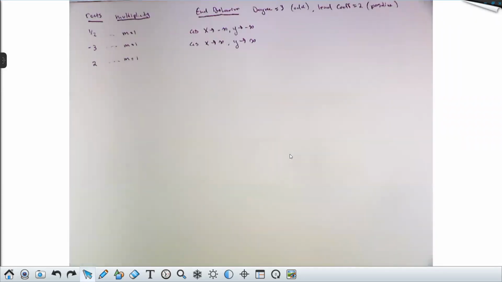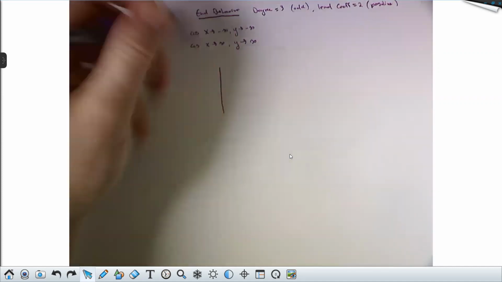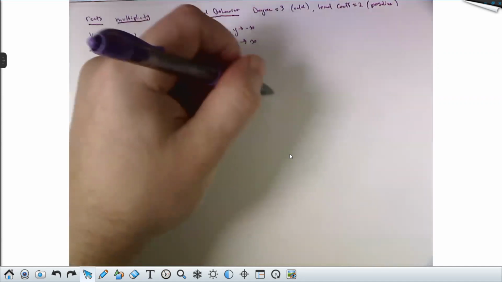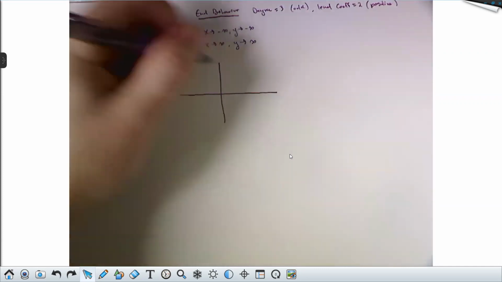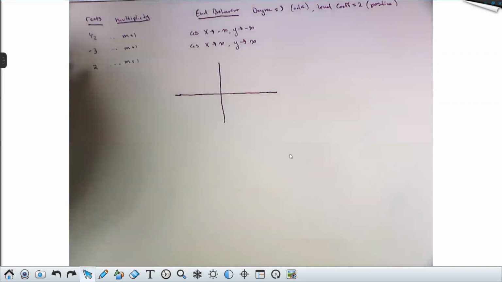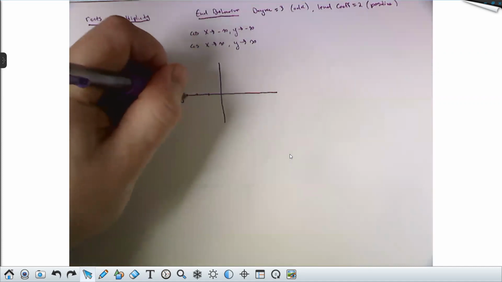So now I'm ready to draw my graph. First, I'll just come in here and plot the roots. Negative 3, okay, so 1, 2, 3, here's negative 3.